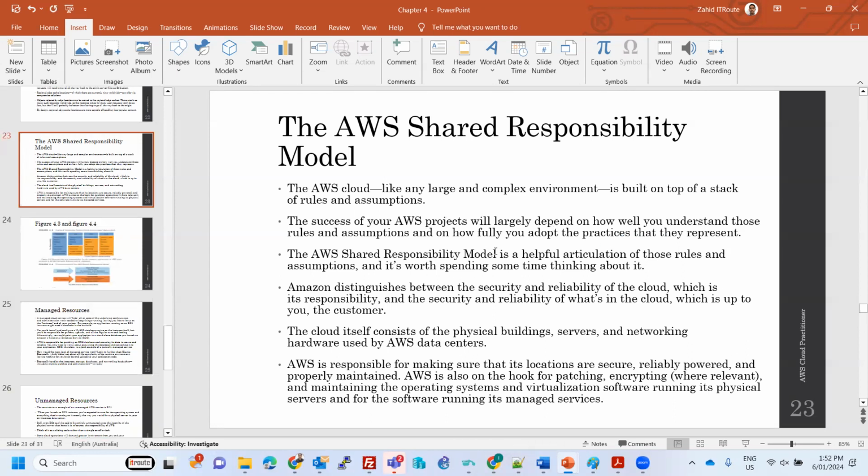The AWS shared responsibility model is a helpful articulation of those rules and assumptions, and it's worth spending some time thinking about it. Amazon distinguishes between the security and reliability of the cloud, which is its responsibility, and the security and reliability of what's in the cloud, which is up to you, the customer.